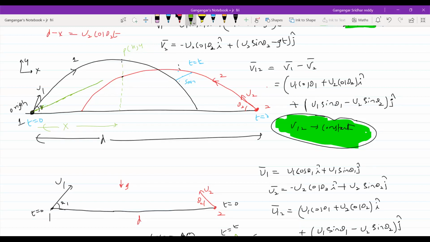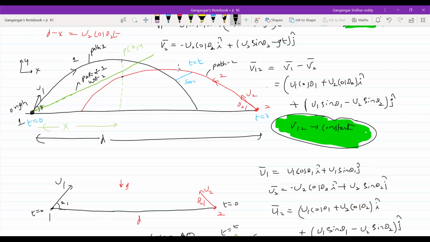We'll draw one line. Now, what is this straight line? Anybody? Path of 1 with respect to 2. What do you mean by path of 1 with respect to 2?